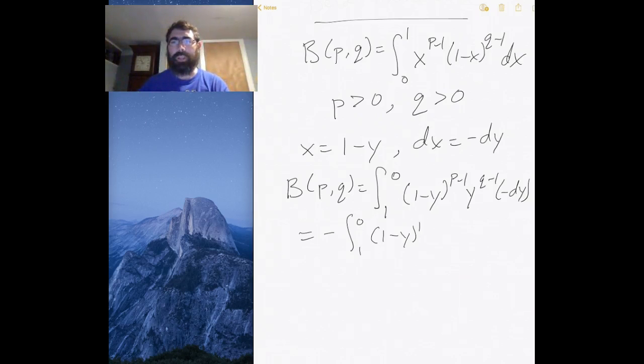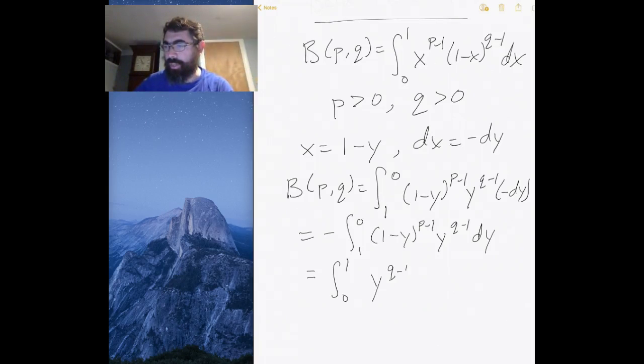Okay, so now my integral is minus the integral from 1 to 0 of (1 minus y) to the power p minus 1, y to the q minus 1, dy, and that minus sign is going to flip the limits on the integral, so I would get the integral from 0 to 1 of y to the q minus 1, (1 minus y) to the p minus 1, dy.